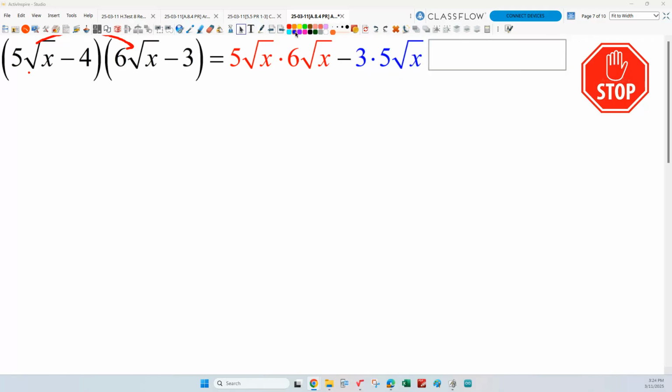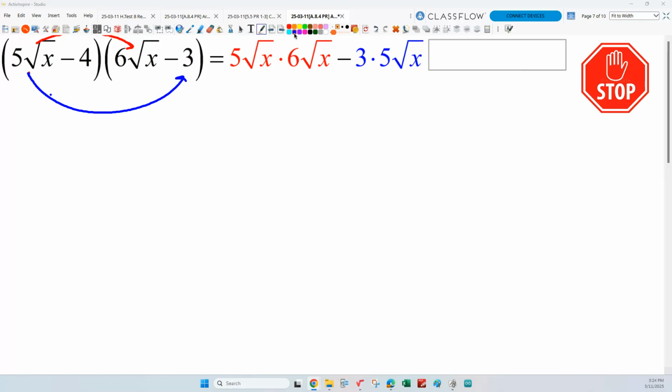We're going to distribute the 5 square root of x to the negative 3. Multiply those together. So I'm getting 5 times the square root of x times negative 3. I'll put the negative 3 out front.